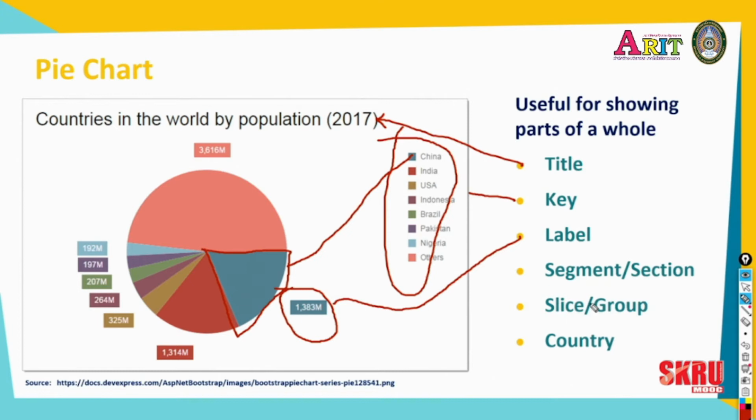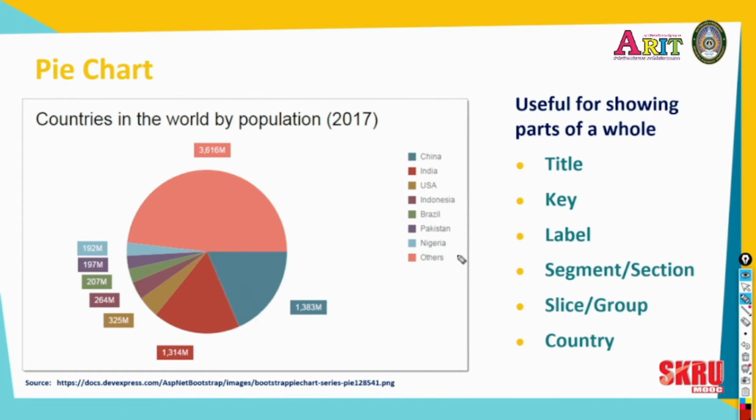We can also use slice or group and country to represent each of these. So we could be talking about China as the country, each segment, each slice. And depending what the chart represents, the vocabulary might change slightly.